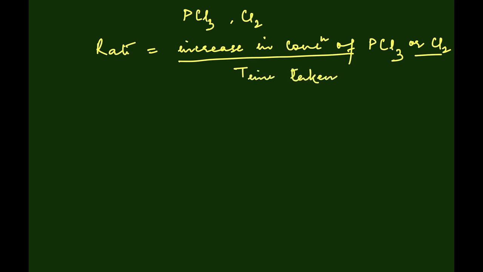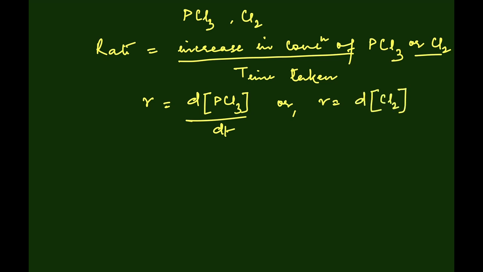That is how we define the rate of a reaction, or we can write this as d[PCl3] divided by dt, or rate will be equal to d[Cl2] by dt.